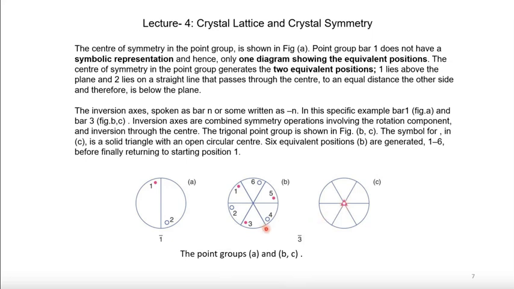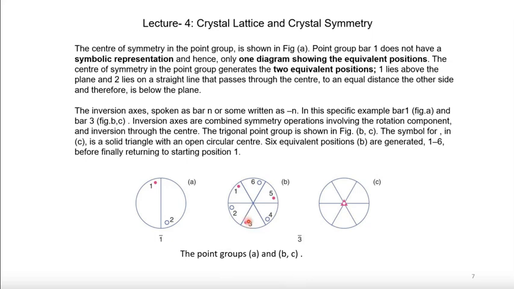So for this point, we generate 6 points due to this inversion and 3-fold rotation. These are the 6 points for the equivalent positions of this bar 3 point group.